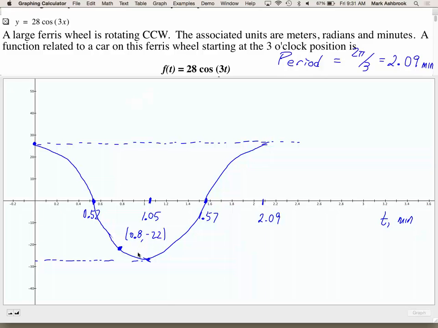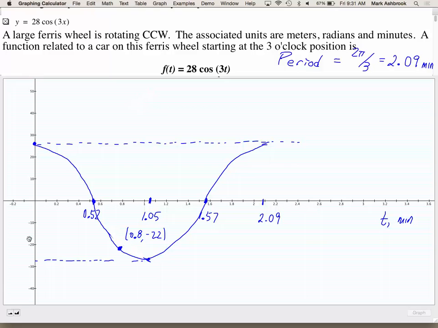You said 0.8 minutes, right? Minutes. So yeah, 0.8 seconds would be a wicked Ferris wheel. So at 0.8 minutes after leaving the 3 o'clock position, your car is where? 22 meters left of the vertical diameter, okay?